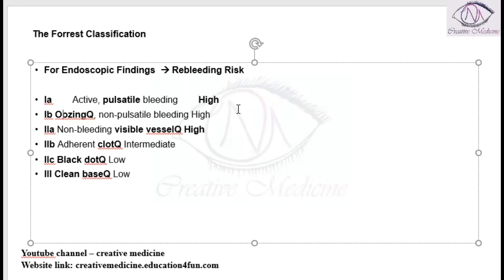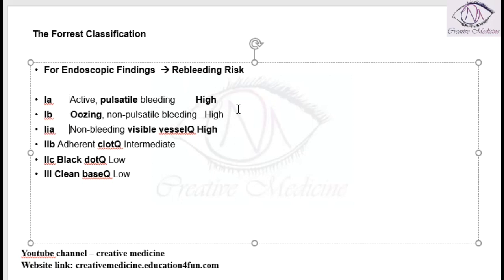In grade 1a, there is active pulsatile bleeding with high rebleeding risk. In grade 1b, there is oozing with non-pulsatile bleeding.